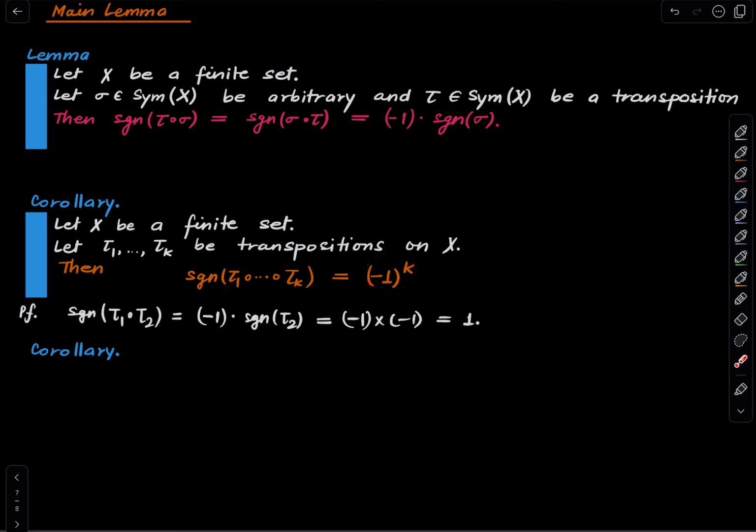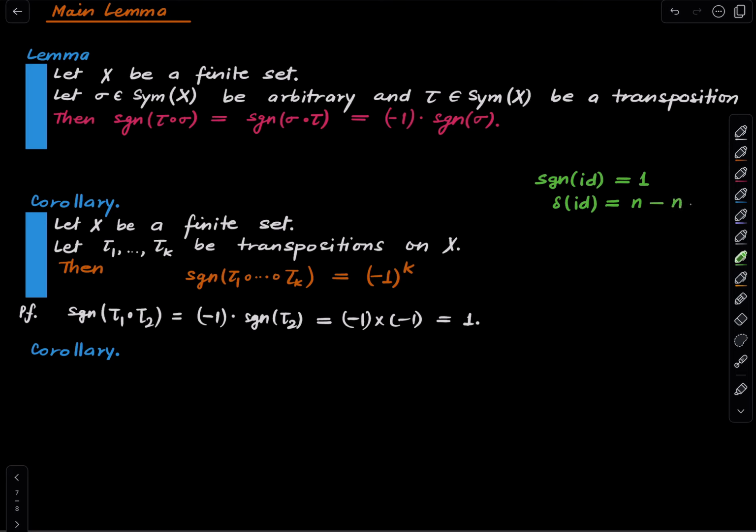This is something that we should have maybe commented on, but it's very easy to see that the sign of the identity permutation is 1, because what is the delta for the identity permutation? Let's say the size of the set on which the identity permutation is being considered is n. So n minus how many one-cycles? Well, every vertex lies on one cycle.